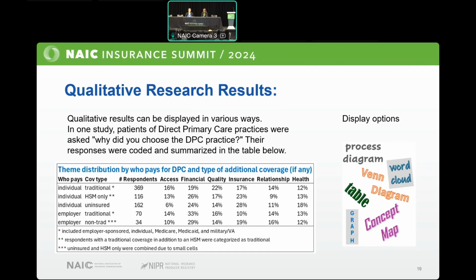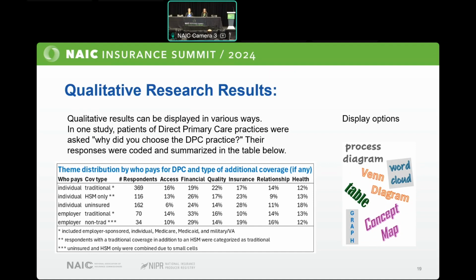And this is the way that this was displayed for this particular report. So we decided to split it by who pays, whether the individual pays themselves or the employer pays on their behalf. And then we also thought it would be interesting to look at how the responses were coded by the type of coverage they had.